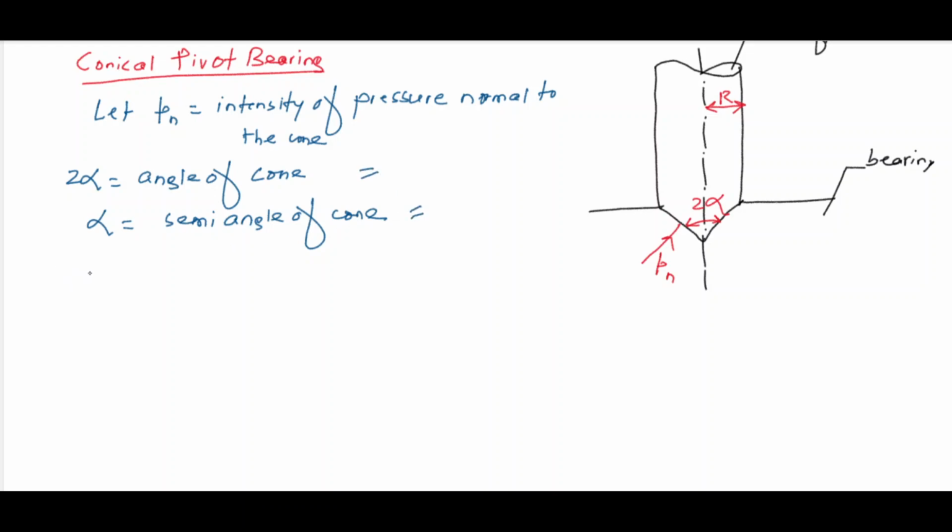Now mu is the coefficient of friction, and R is the radius of shaft.